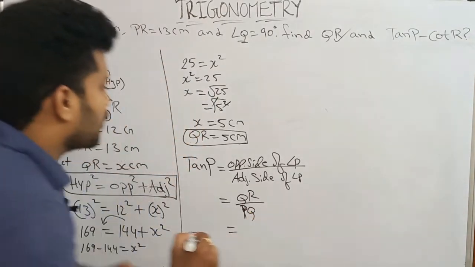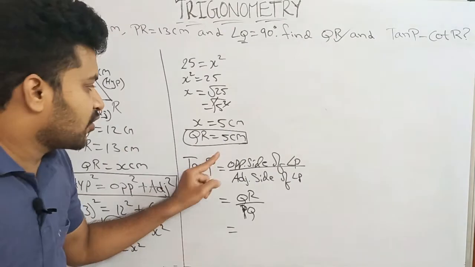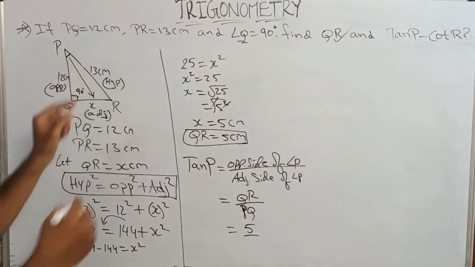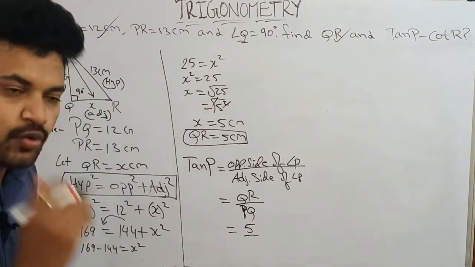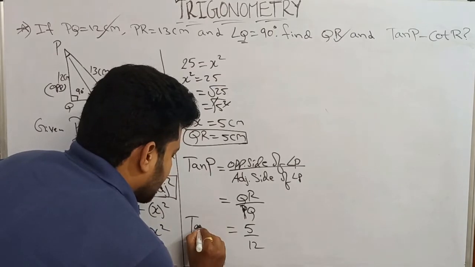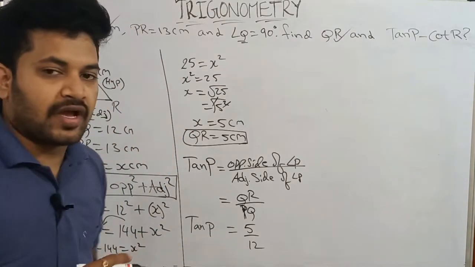QR value is already found. How much did you get? 5. 5 by PQ value, which is already given in the data. What is that? 12 centimeters. So tan P is equal to 5 by 12.